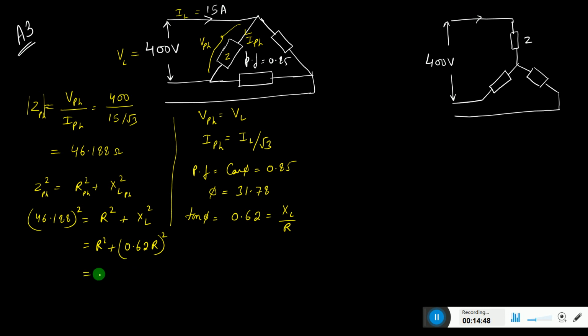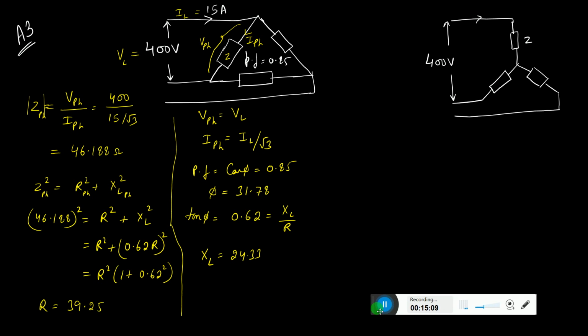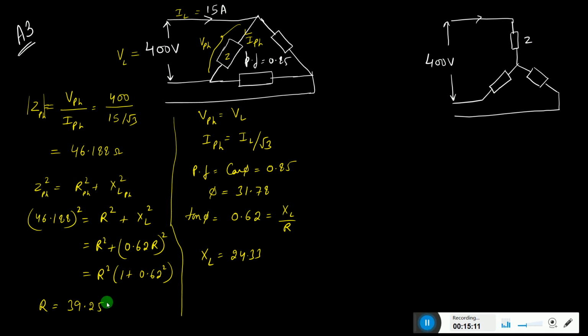So that's why we can write here R square (1 plus 0.62 square). And now we can get the value of R from here, and that value of R, if you substitute, we can get the value of XL. So here we get the value of R as 39.25 and XL as 24.33.